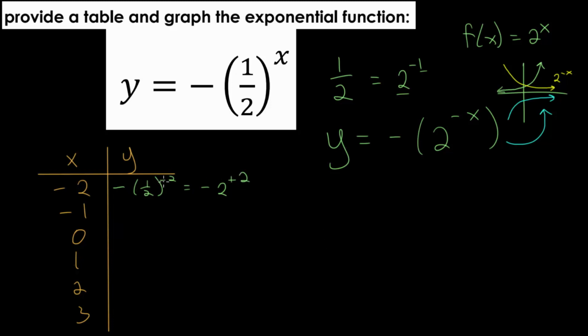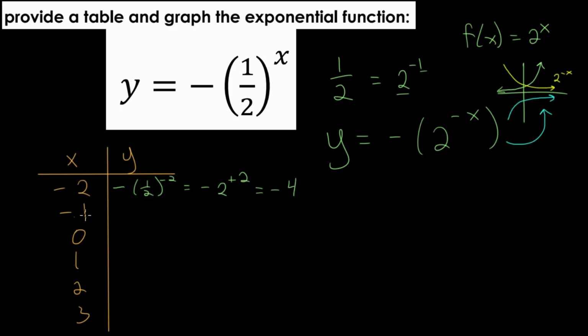This should make sense because negative exponents just mean repeated division. So we are dividing by 1/2 twice, and dividing by a fraction is the same as multiplying by that fraction's reciprocal. Now, simplifying this, we have minus 2 squared, which would just be minus 4.